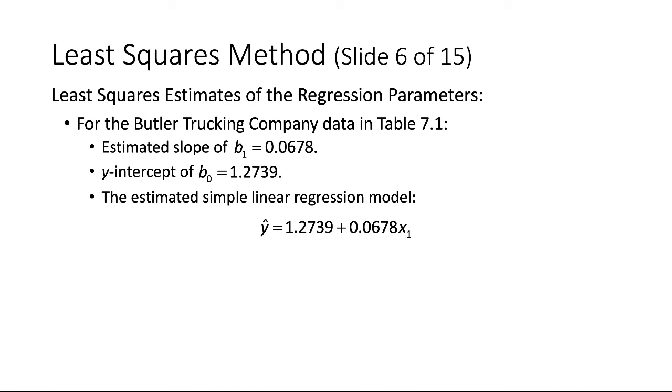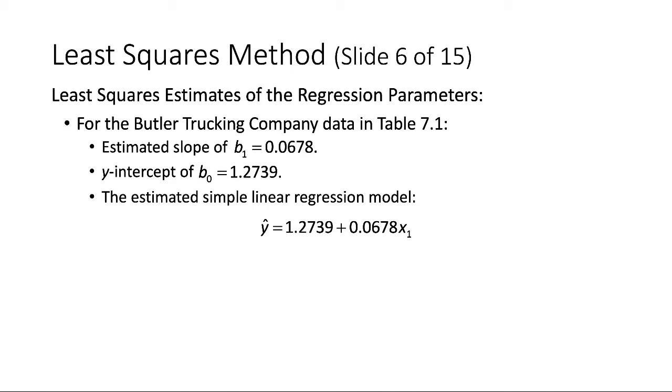Although the values of B0 and B1 that minimize the sum of squared errors can be calculated manually with equations, we have computer software such as Excel, and we can use it to calculate them much faster. I will demonstrate later in Excel how to do this.